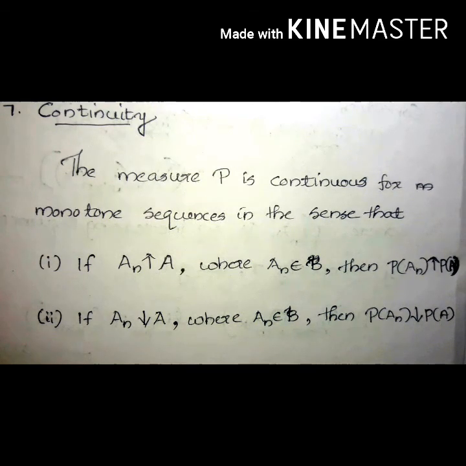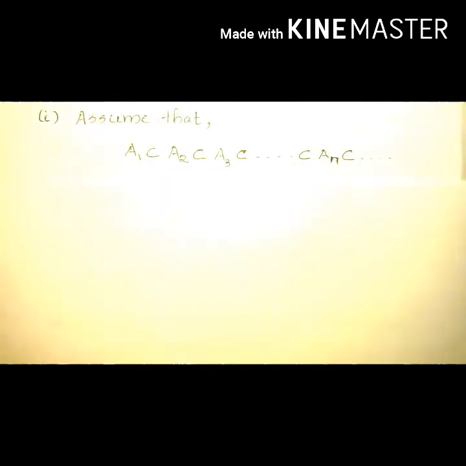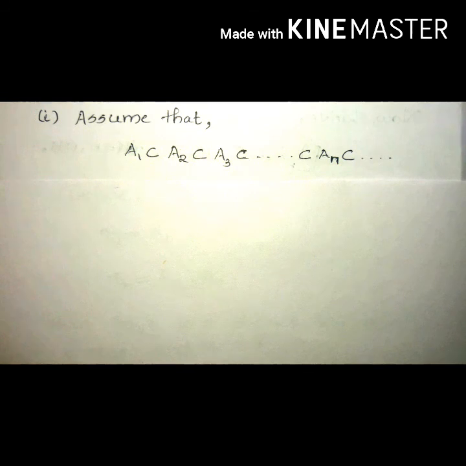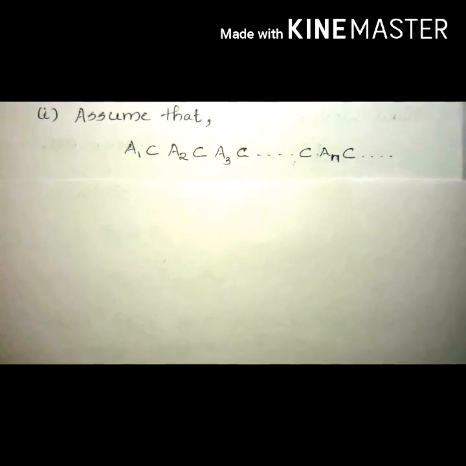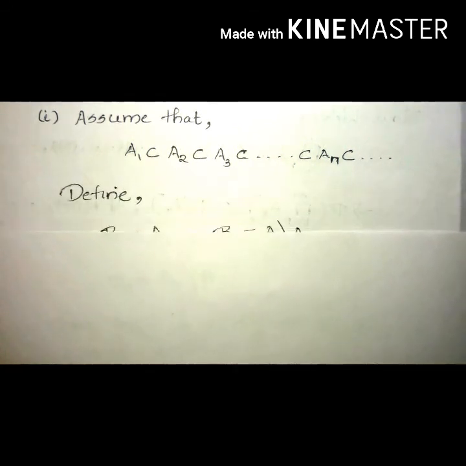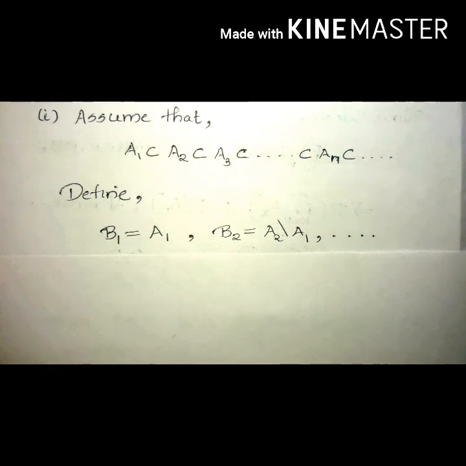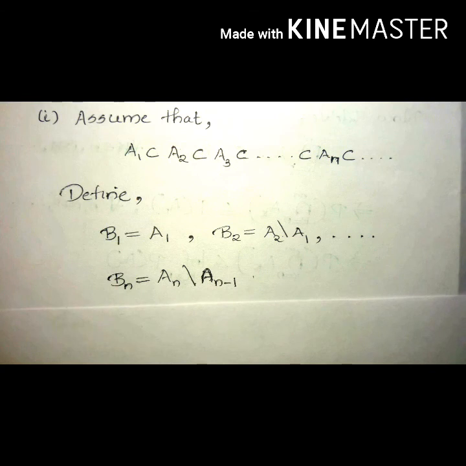For the first one, assume that A1 is a subset of A2, a subset of A3, a subset of etc., a subset of An, a subset of etc. Now we are going to construct a new sequence Bn in such a way that we first define B1 equal to A1 and B2 equal to A2 minus A1, and etc., Bn equal to An minus A(n minus 1).